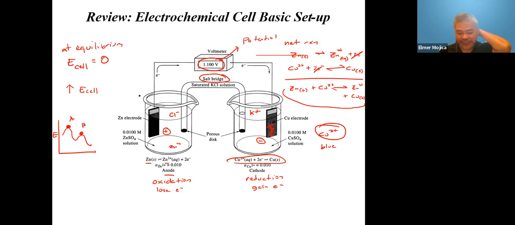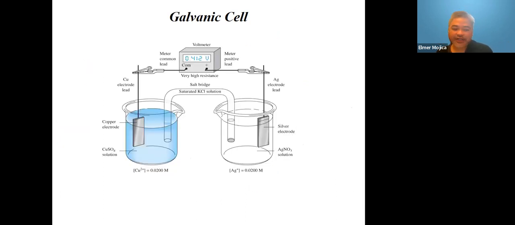So ganun yung nangyayari dyan sa setup na yan. And then we go to the specific what we call electrochemical cell. So meron tayong tinatawag na galvanic cell or voltage cell or Daniel cell.